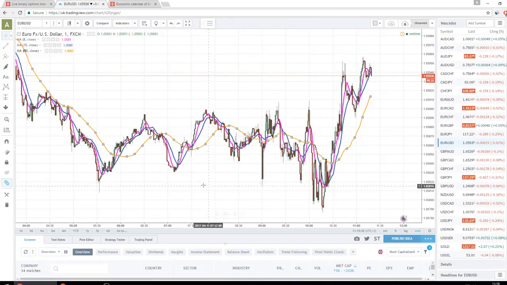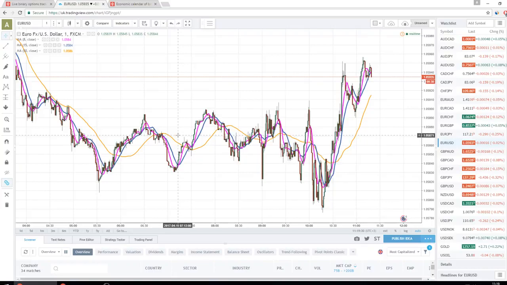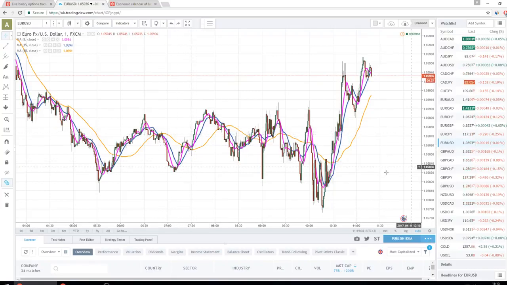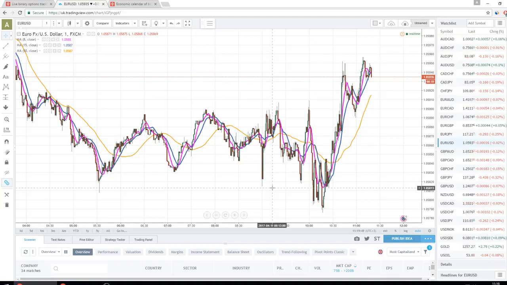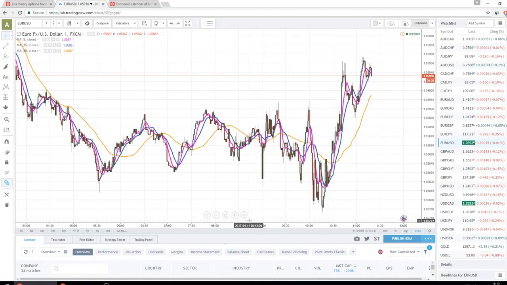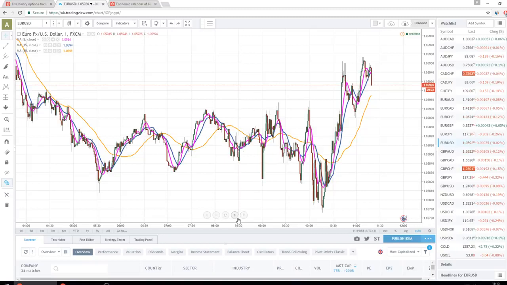So what do we have here? Basically we have here 3 moving averages with different periods. So how can we use it in our analysis, in our approach to trading? Two of them are pretty short, and one of them includes 50 candles.